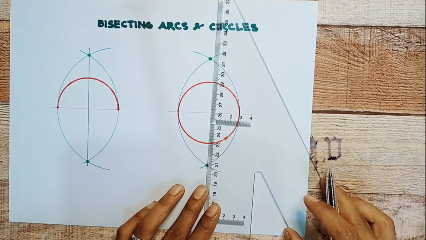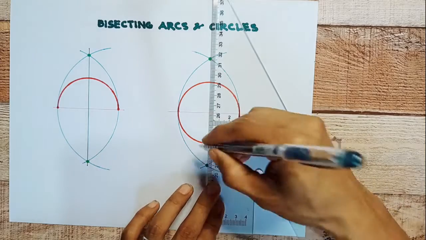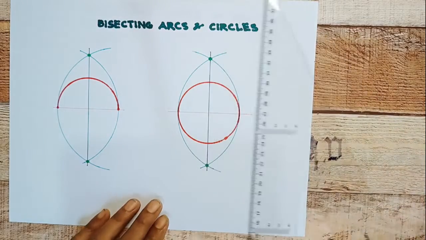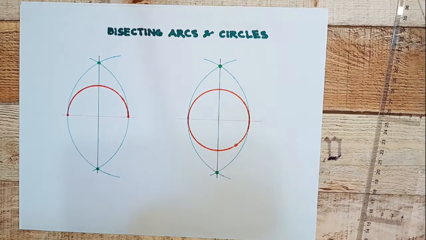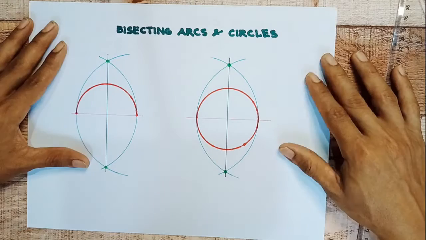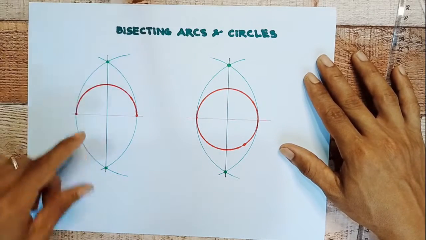There. So that's how we bisect our arcs and our circle.